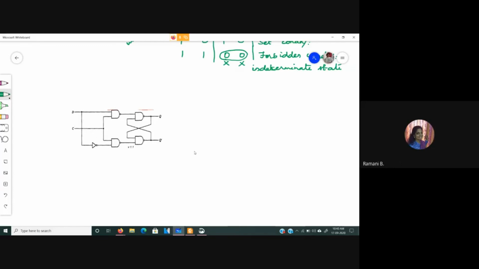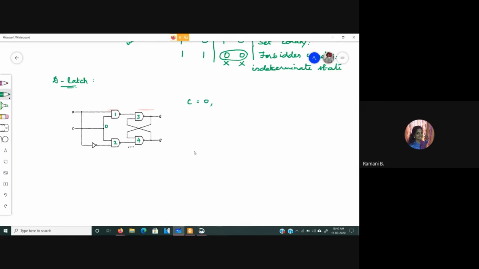So for the D latch, when C is equal to 0, one of the inputs to NAND gates 1 and 2 is 0, right?